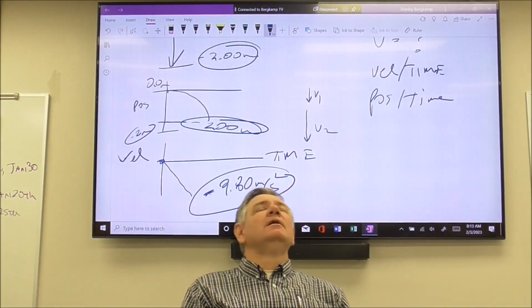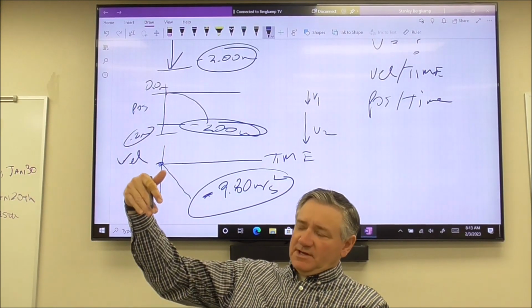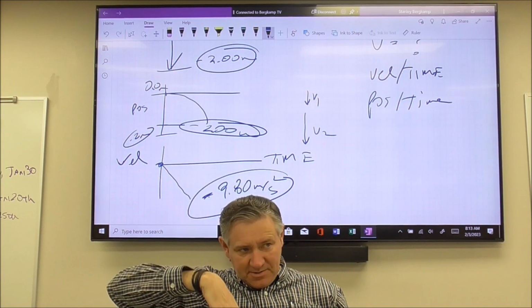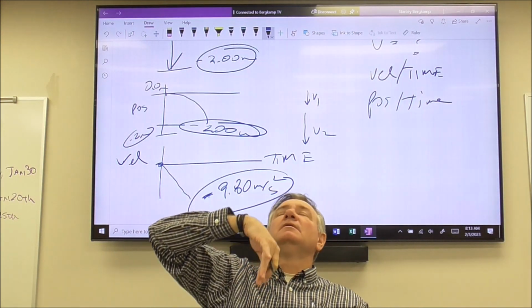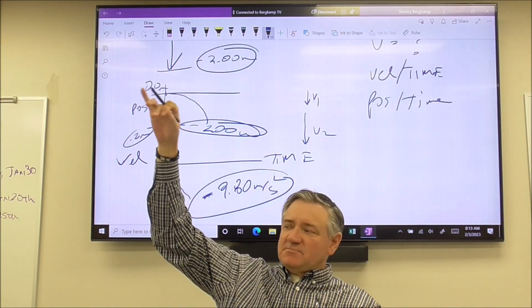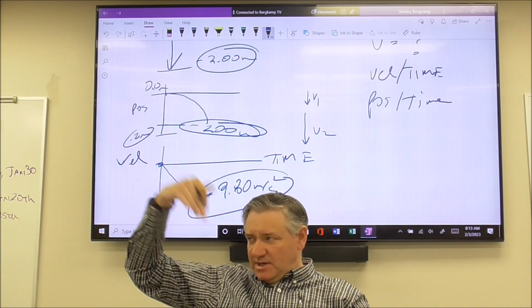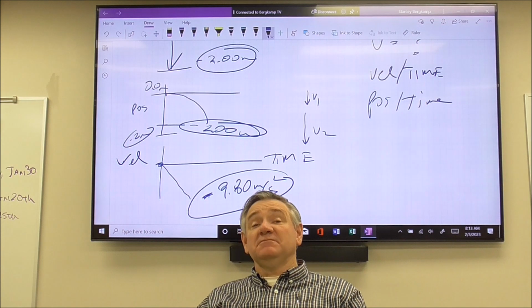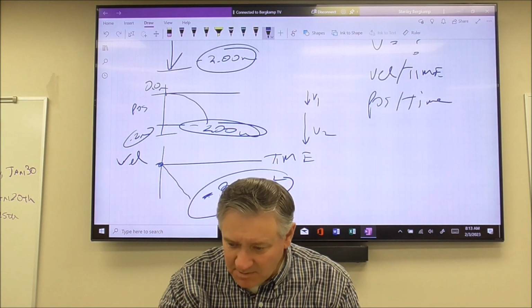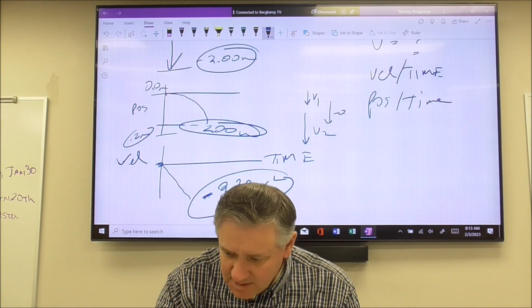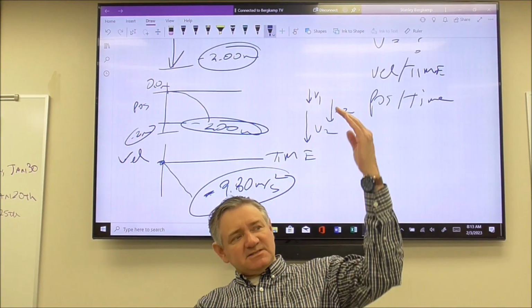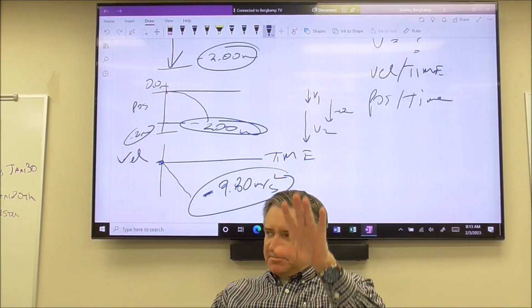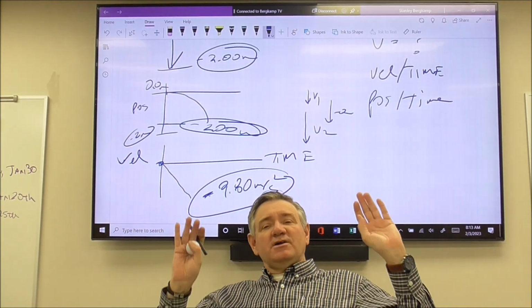So since it's accelerating downward, and my velocity vectors are getting bigger, which direction is my acceleration vector going to point? Downward or upward? Downward. So I'm going to have some negative acceleration. And as soon as my acceleration vector points in the same direction as my velocity vector, I'm going to speed up.